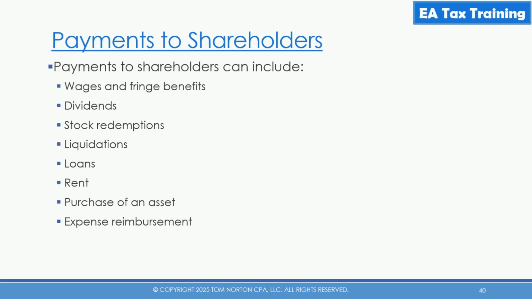The corporation can do something called a stock redemption and make a payment to the shareholder. Corporation can liquidate and pay out to the shareholder. The corporation can make a loan to the shareholder. They can pay rent to the shareholder. They can purchase an asset from the shareholder, or they can reimburse expenses of the shareholder.